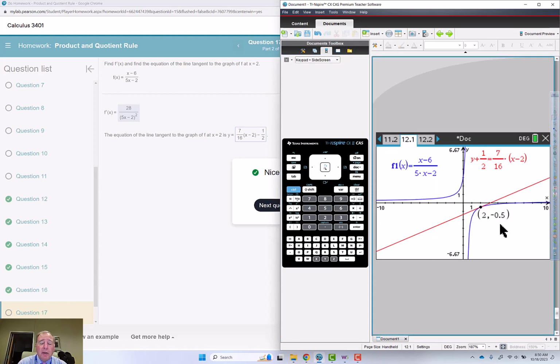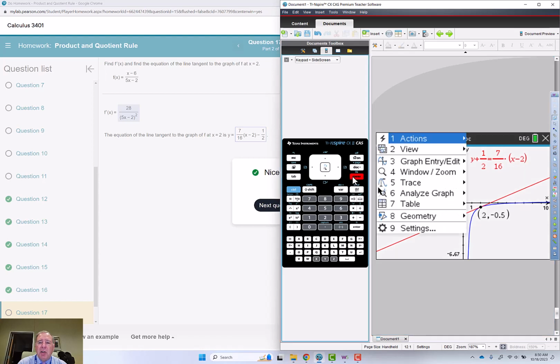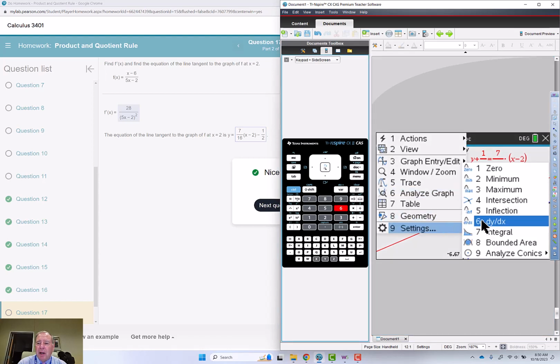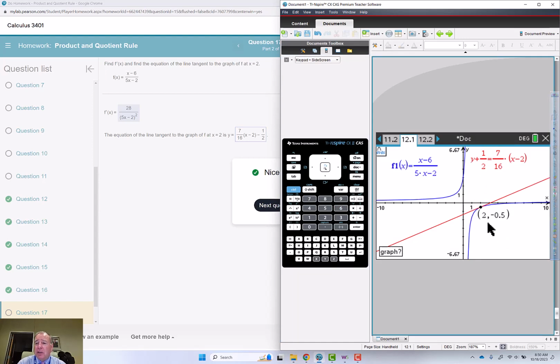And there's one more thing we can check. We can see if the slopes of those two functions are the same. Pretty obvious, the slope of the line is 7/16, so I don't need to recheck that. Menu, analyze graph, dy over dx is the derivative. Now it's saying graph, so I'm going to click on the rational function, and it says position.